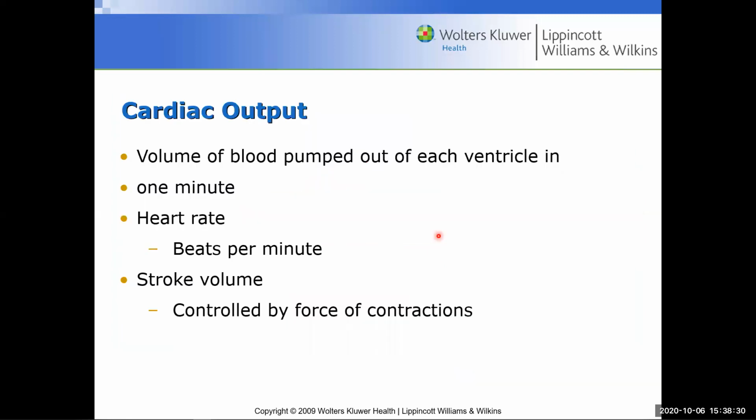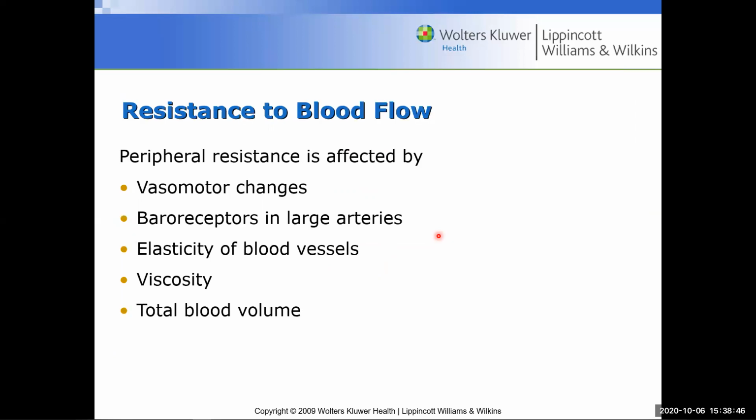Okay, so just in terms of definitions, we want to touch on some. Cardiac output refers to the volume of blood pumped out of each ventricle in one minute, whereas heart rate is the beats per minute. Stroke volume is controlled by the force of contraction.